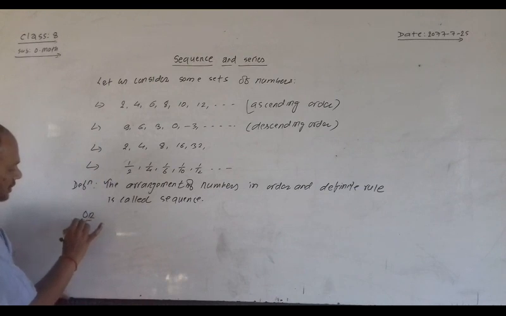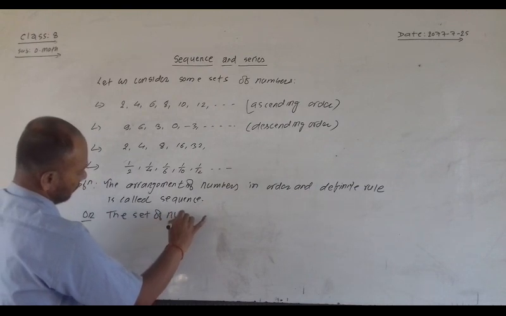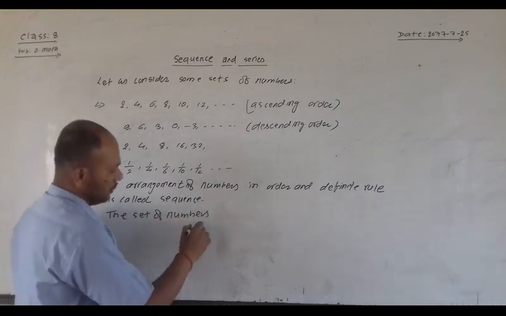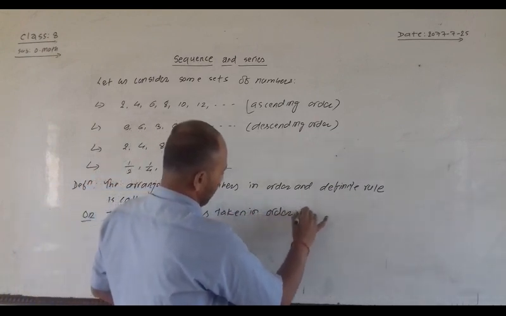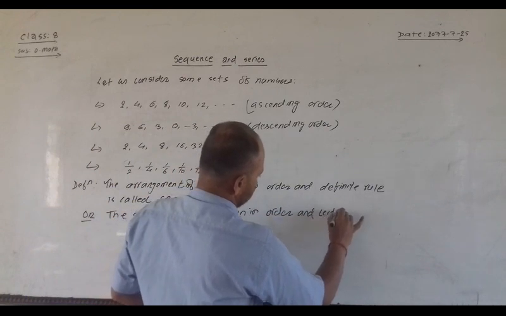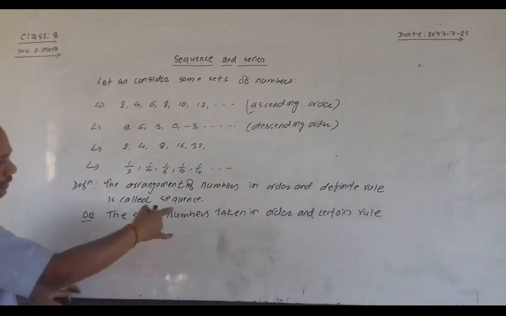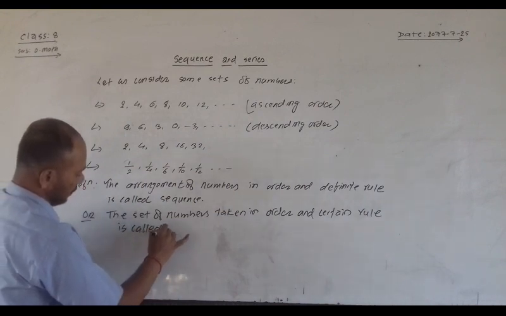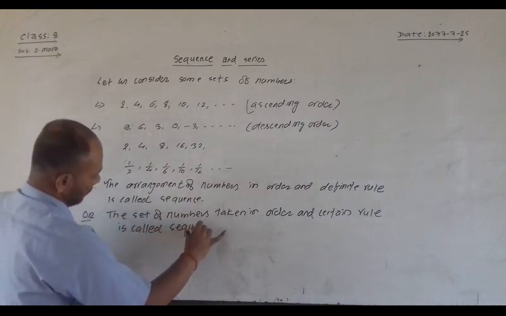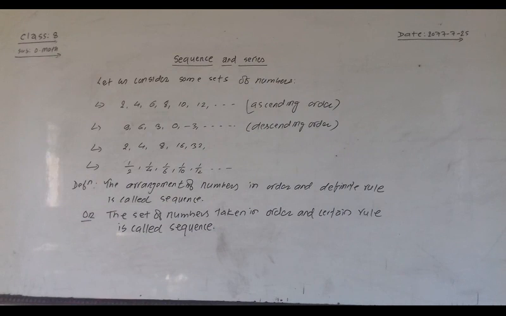Also we write it this way: the set of numbers taken in order and certain rule is called a sequence. My dear students, in this way we can easily clear the concept of sequence.